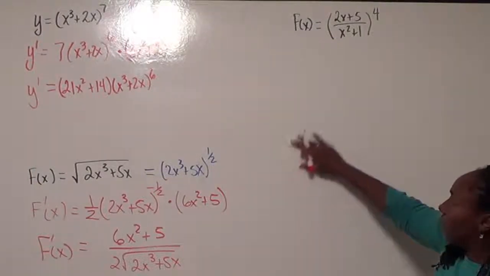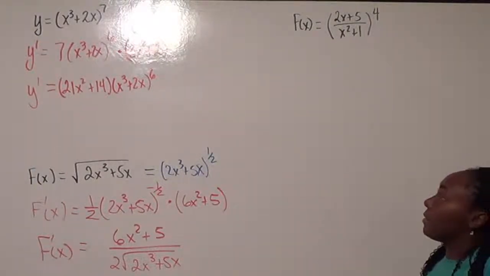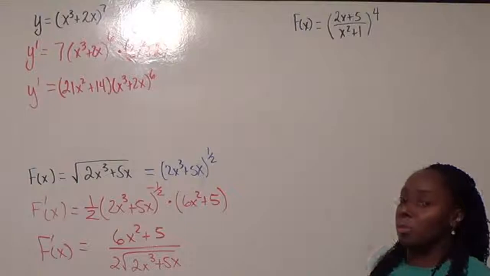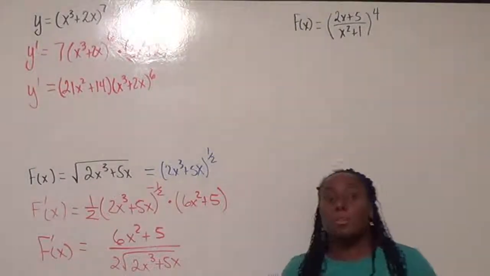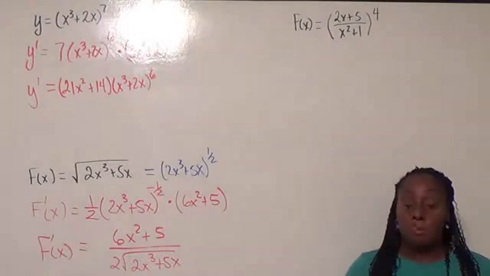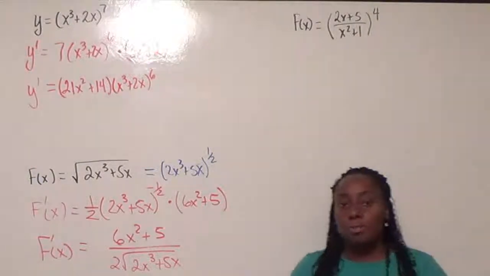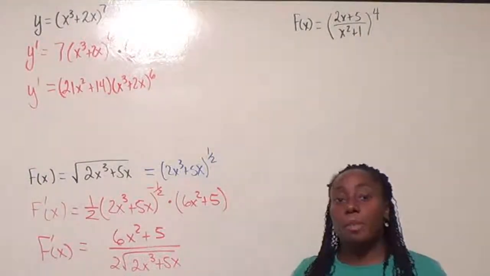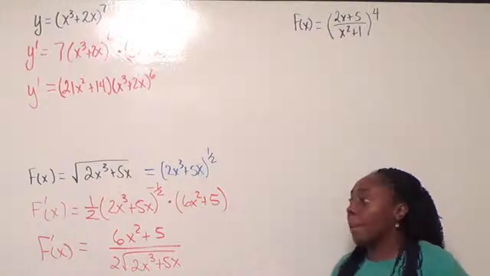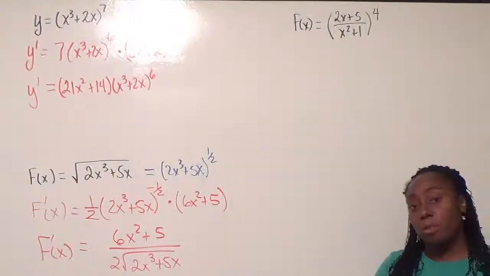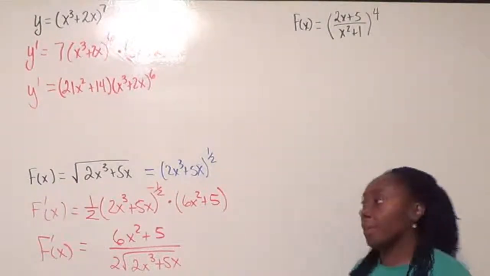In this next example, we are looking at a combination of some of our rules. So just like with polynomial functions, when we combine some of our basic properties like the addition and subtraction, the coefficients, and the power rule, we can have functions that combine our product, quotient, and chain rules. Okay.